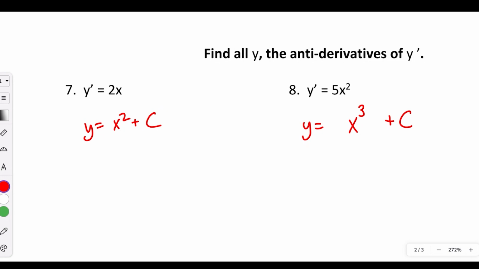I like finding the exponent first because that's much easier. You just need to add 1. And then once you figure out what the exponent's supposed to be, you're going to use that exponent to figure out what the coefficient should be. Right? So we started with 5. That's what we had.